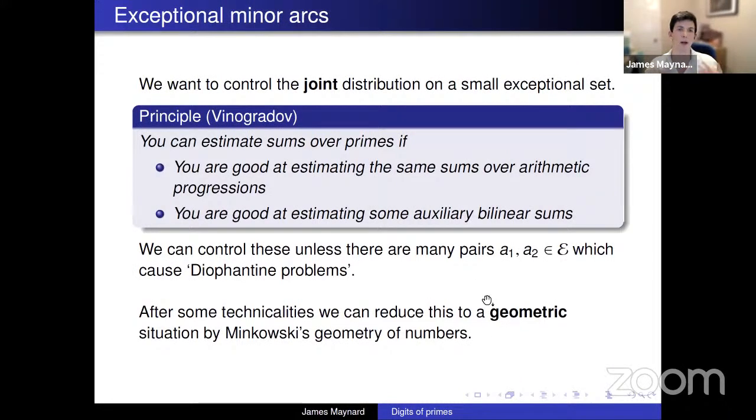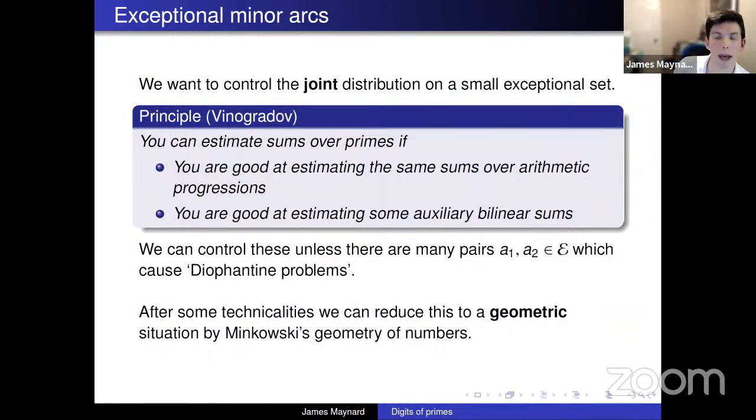So to do this, you need to go a little bit more back to techniques in prime number theory, and it's a basic principle of Vinogradov that you can estimate various exponential sums and quantities related to primes, provided you're good at estimating two auxiliary quantities.